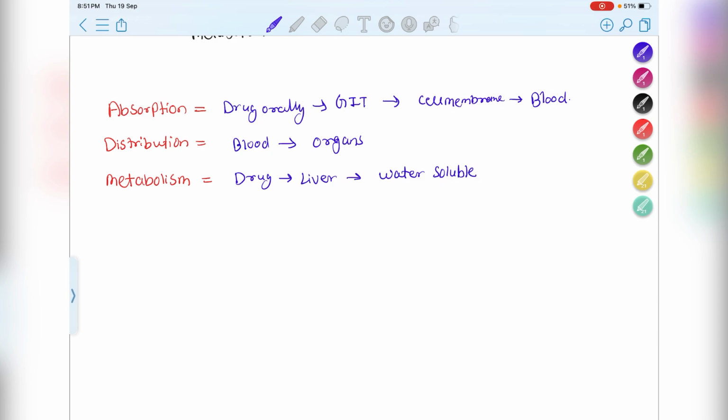The main purpose of the metabolism process is to make a lipid soluble drug into a water soluble form, so that it can be excreted. In more detail I will explain you about it further.